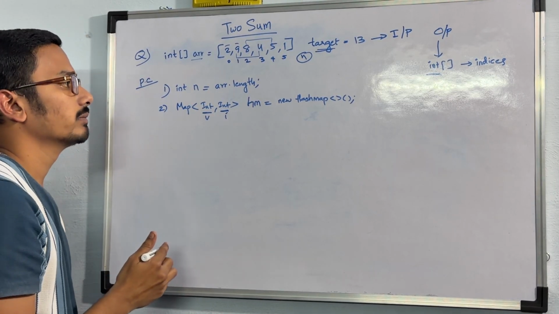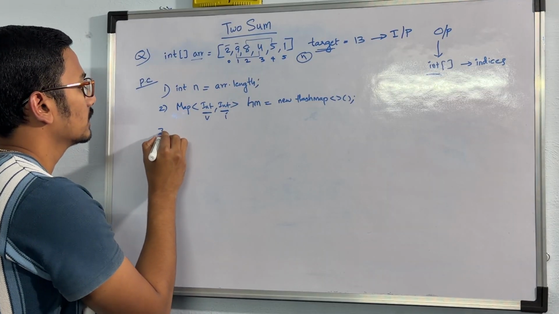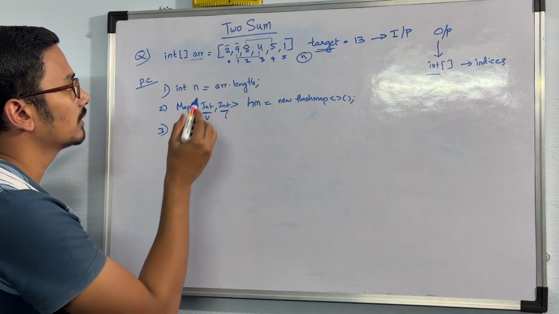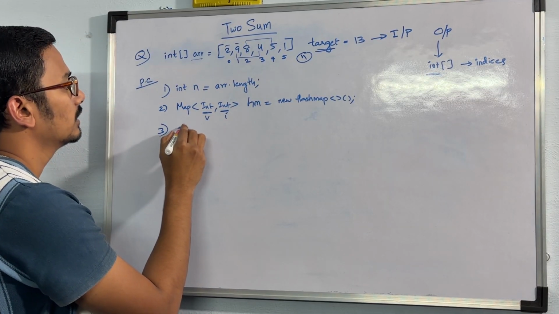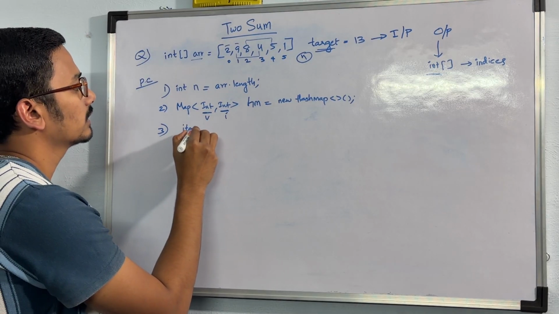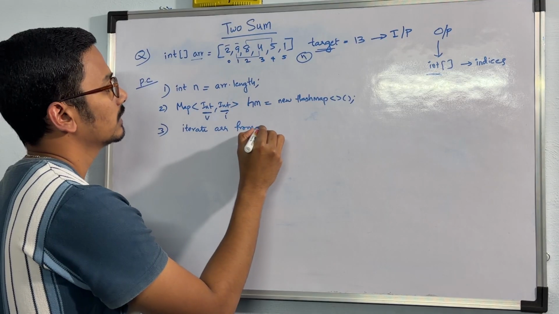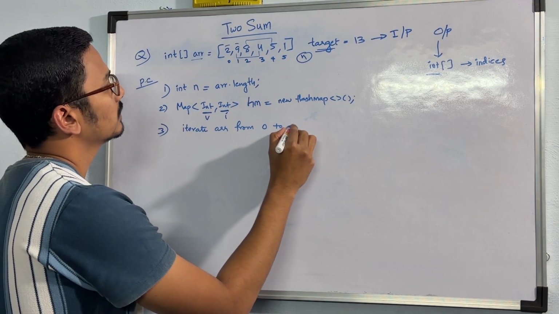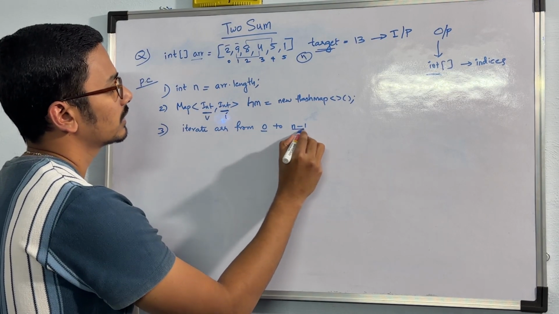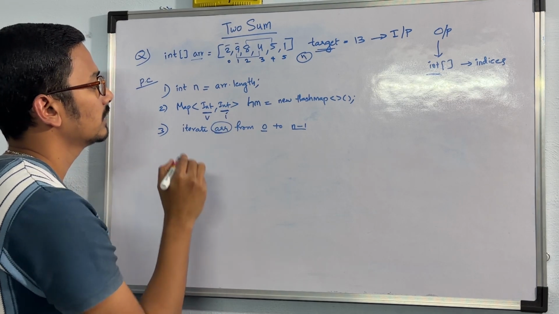I am storing in that format. The third step is I'll be writing a loop. So iterate the array from 0 to n minus 1. From index 0 to n minus 1, I'll be iterating the array.